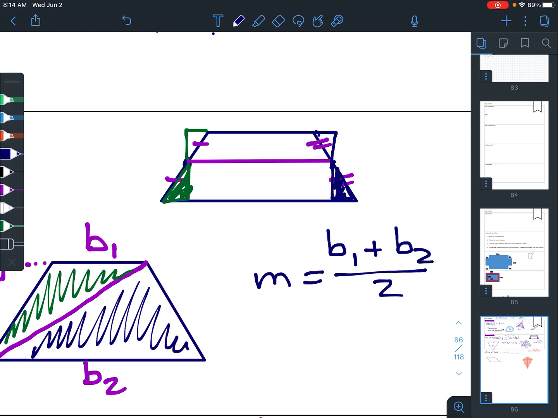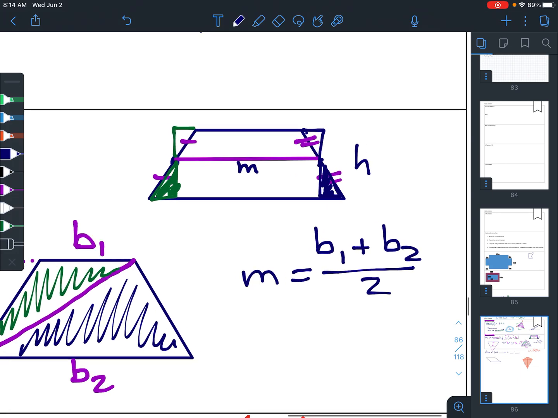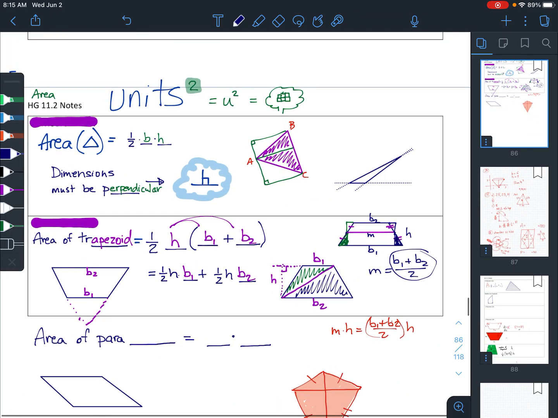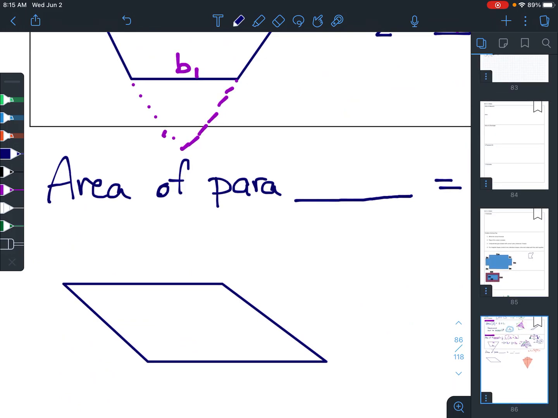So then we would end up with a median times the height. And notice to get the median, you would have to do this little trick here. That is, you'd take your two bases, add them up, and divide by 2 to get the average. All right? I'm actually showing you notes for 11.3 as well. So this is kind of like a double case of notes.